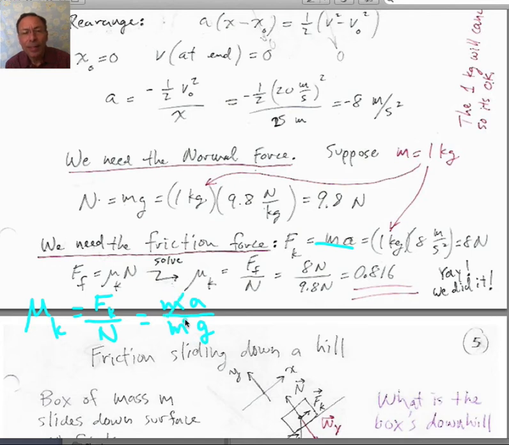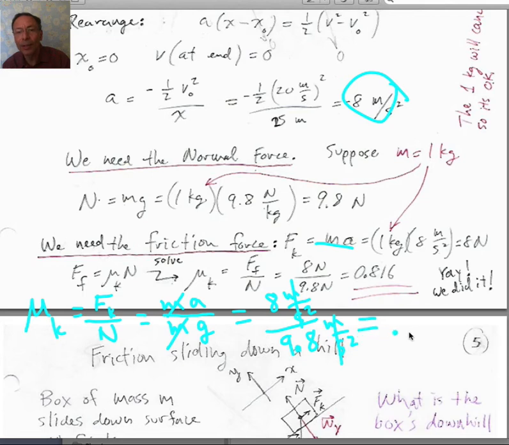Notice how the masses cancel. So the friction coefficient is a over g. And so let's see, we have that the acceleration was 8 meters per second squared, right? That came from here. And gravity is 9.8 meters per second squared. Notice the meters per second squared and meters per second squared cancel, and you get the same answer, 0.816.